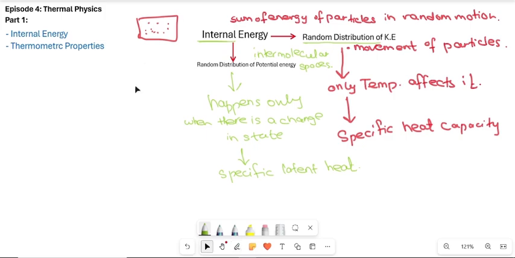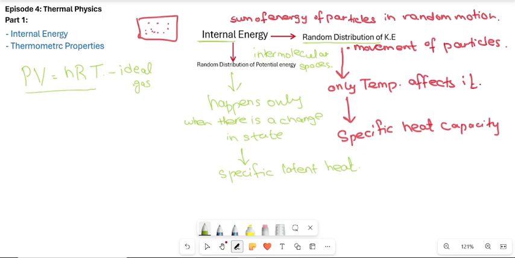Now let me tell you something very interesting. You must have heard of PV equals nRT. This is a formula you must have seen in your older classes as well, in chemistry too, but if you don't take chemistry, this is the formula for an ideal gas. There were many characteristics of an ideal gas.